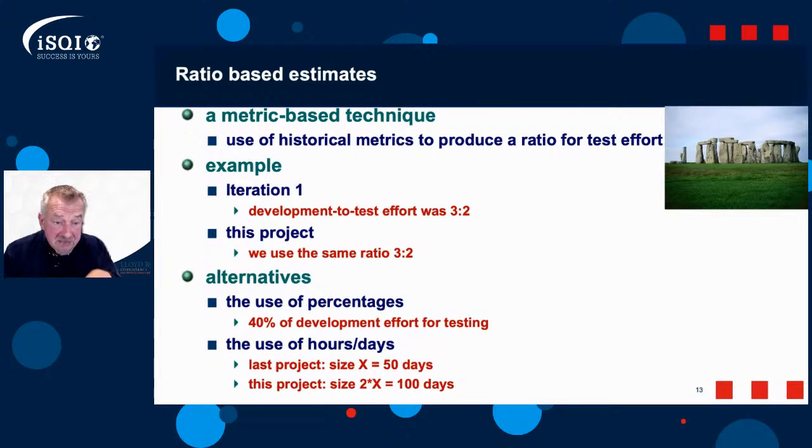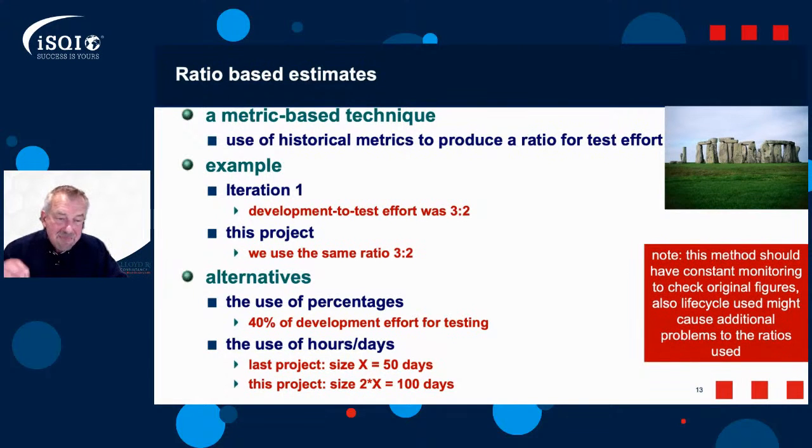Now, I will mention that when I was a test manager and I used the ratio-based estimation, I did not estimate quality, and I should have done. Now we can see that we're saying 40% of development effort, or a 3:2 ratio, but that's got to depend on the quality they're going to deliver to us. Because if the quality was good last time and it was a 3:2 ratio, and the quality this time is really poor, it's not going to be 3:2. So that's why we need to estimate the quality.